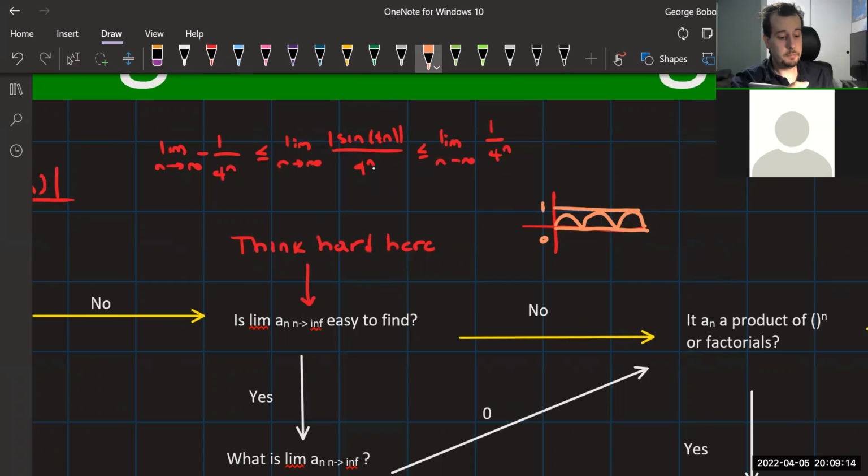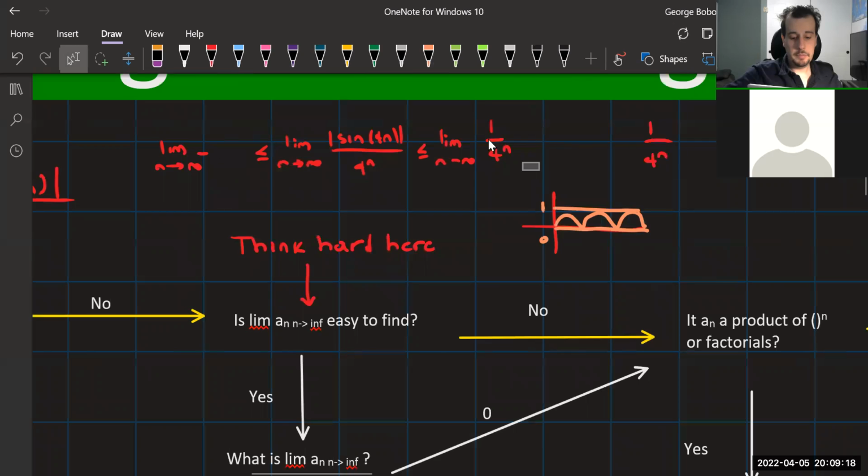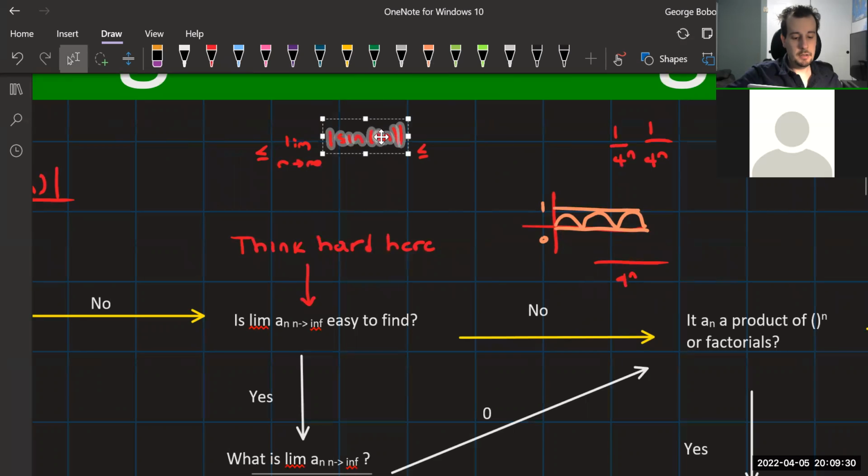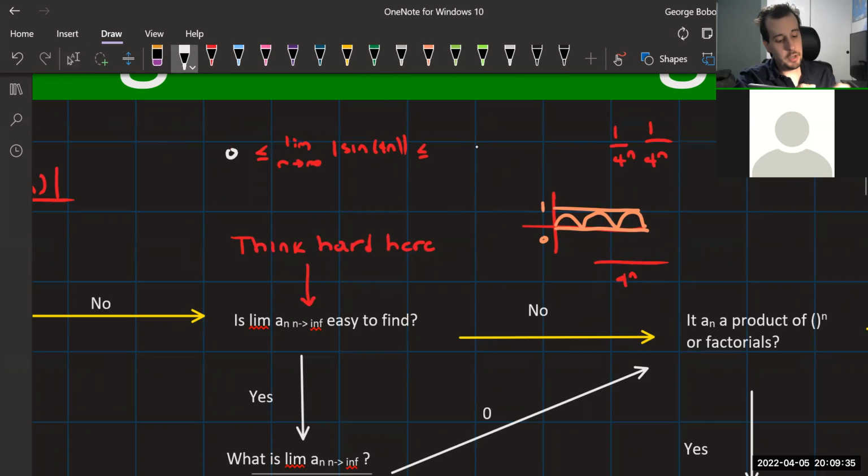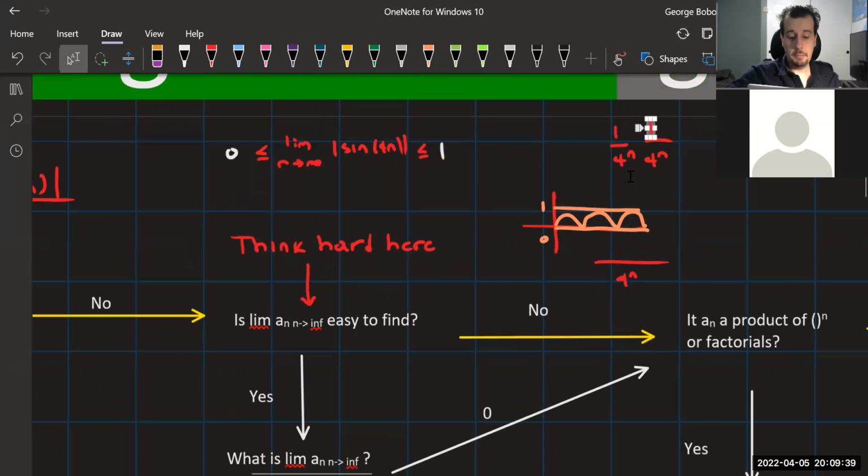So you started off by claiming that the absolute value of sine of 4n varies between 0 and 1. And then you multiply both sides by 1 over 4 to the n.